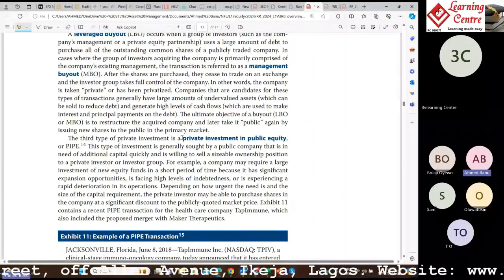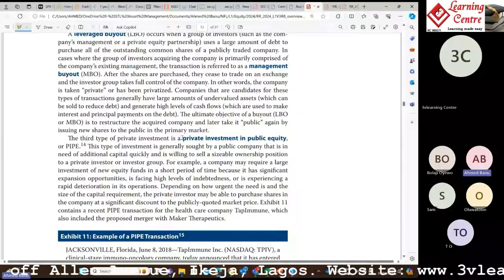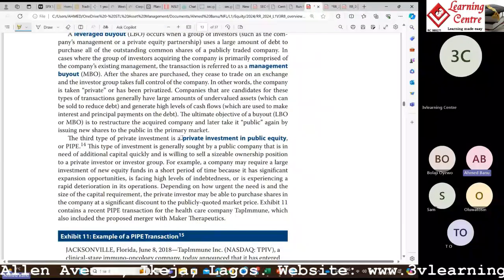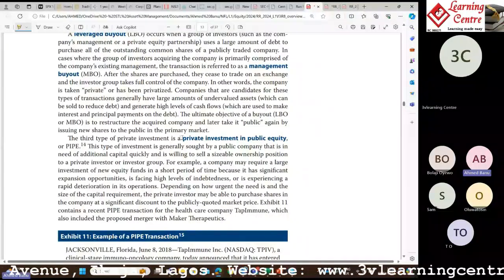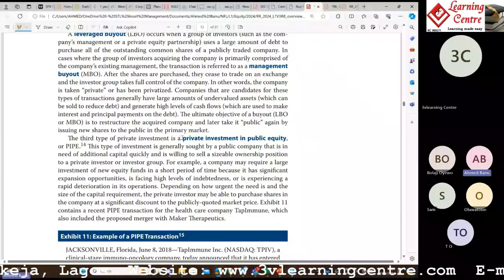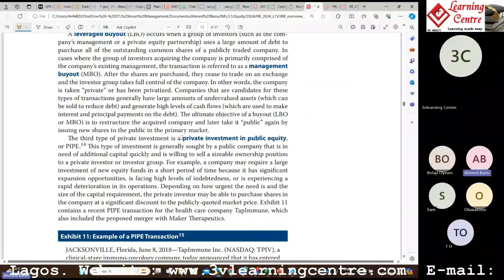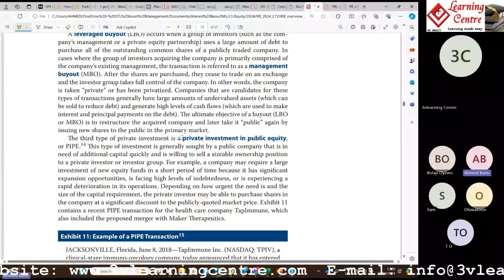So when a company reaches out to an individual or group of individuals to offer an investment stake in their business, it's very much different from IPOs or seasoned offers, where the company does it to the public.